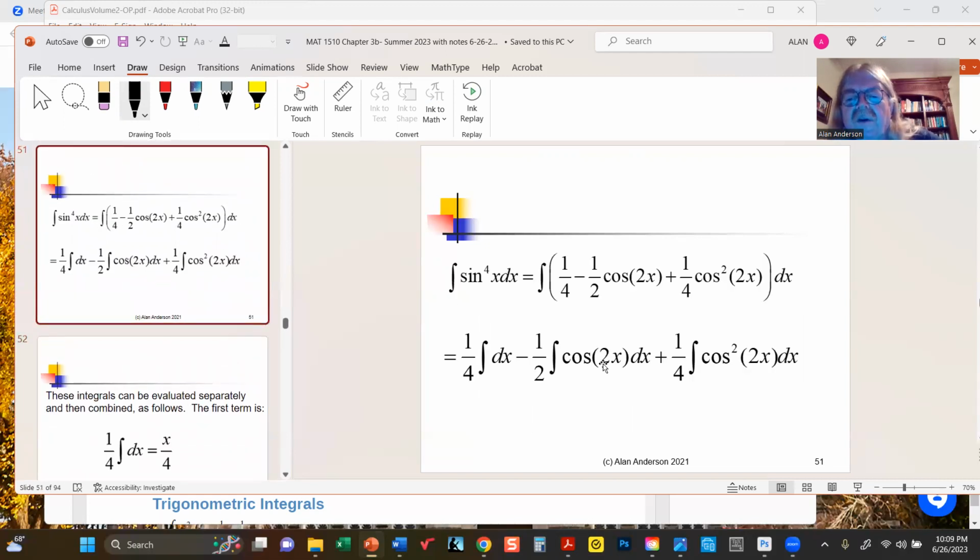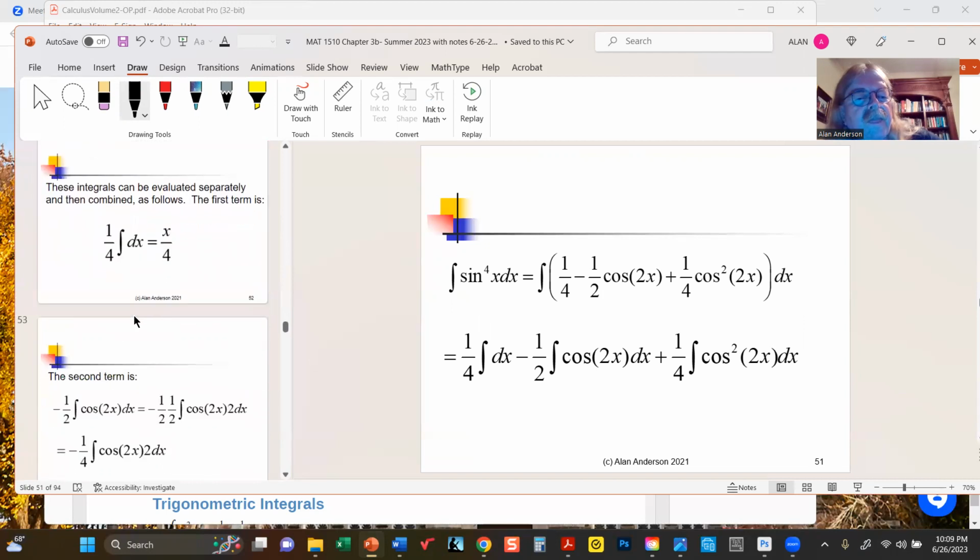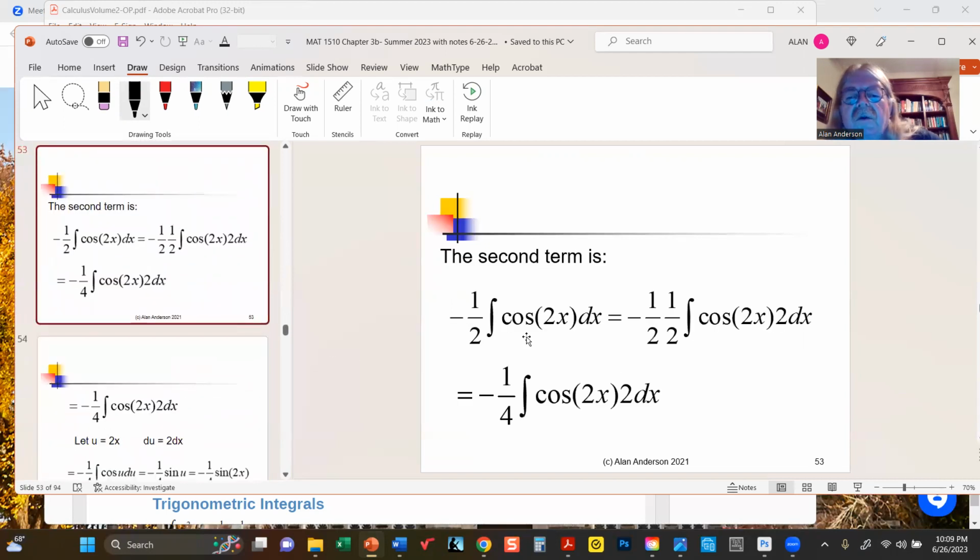This one looks pretty straightforward. It looks like this one could be done with U substitution. So let's see. Now, if we do that though, we don't have the 2 that we need. So we will multiply by half and by 2.